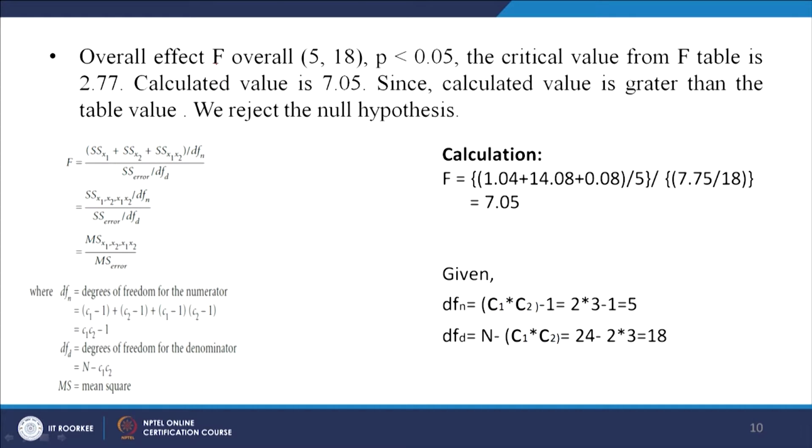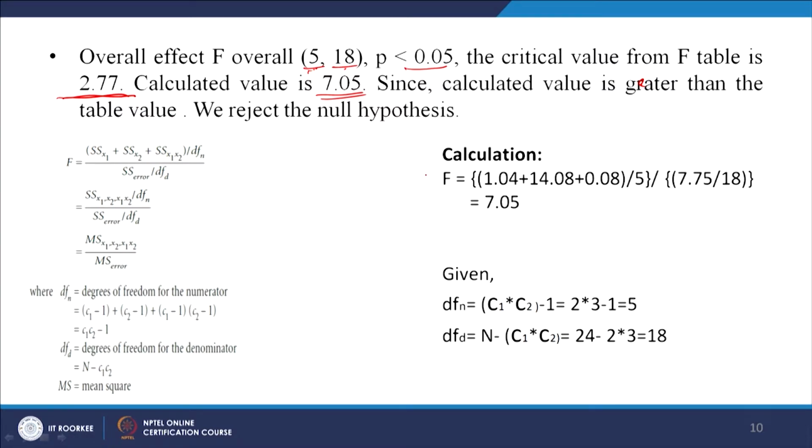So, the overall effect F at 5 and 18 is the degree of freedom for the numerator and denominator at 5% level of significance. The critical value from the F table is this much. For this row and column, the table value is this much, the calculated value is this much. Since the calculated value is greater than the table value, we reject the null hypothesis.